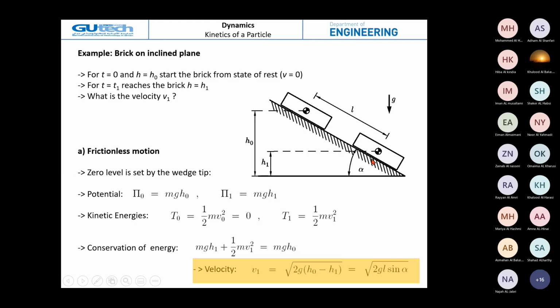Then we have only to make N, either along the G direction, the vertical direction, and project it with respect to the angle alpha, or you make mg projected along the N direction.